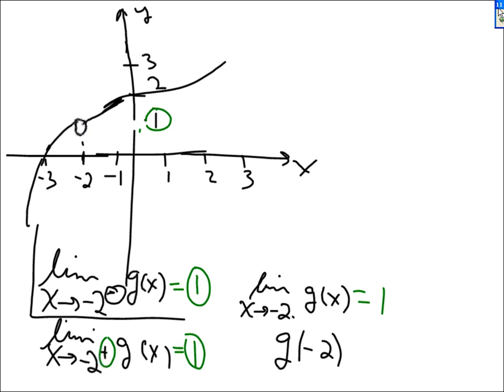Because if I go above and below negative 2 on the x-axis, I never hit the graph. It went right through the graph here and never touched it. The graph is only what's in red, up to, but not including the circle, and beyond the circle, but only what's in red.